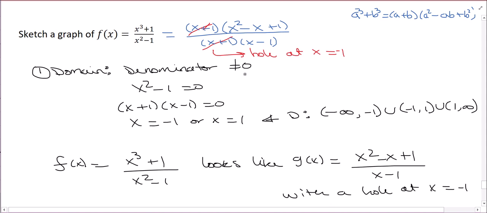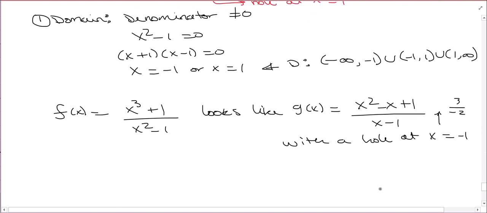We can figure out the y value by putting -1 into this function. -1 squared is 1, minus a -1 is plus 1, plus another 1, so 1 plus 1 plus 1 is 3. So at x equals -1, this will be 3 over -2, so -3/2. So this has a hole at (-1, -3/2), and -1 is still not in the domain of the original function, because there is a hole.